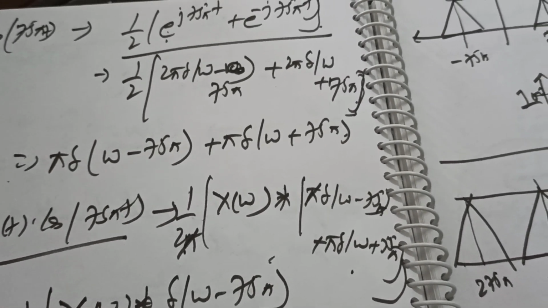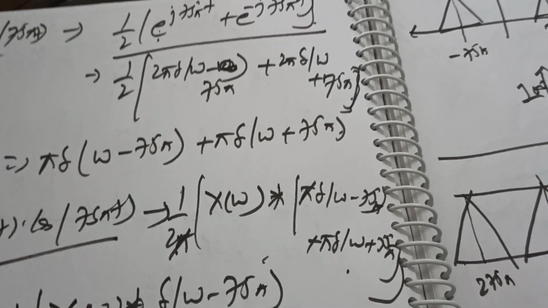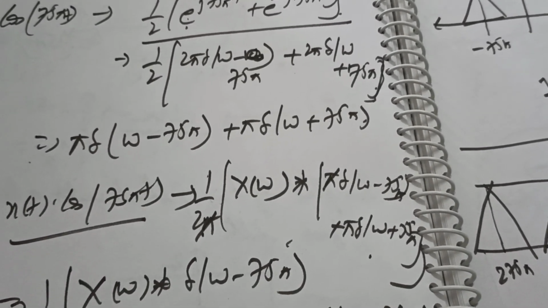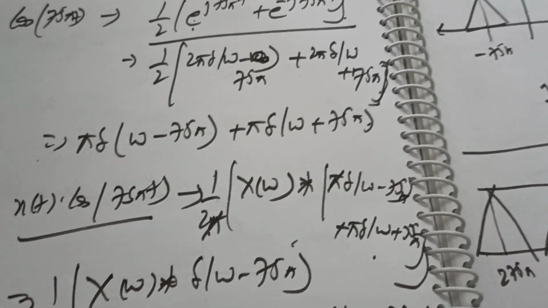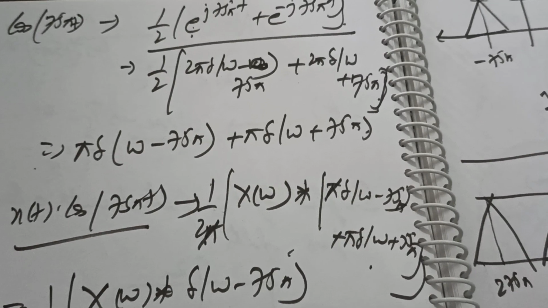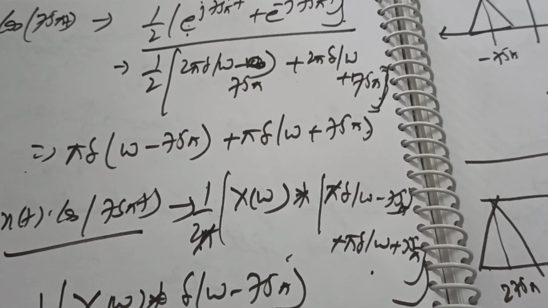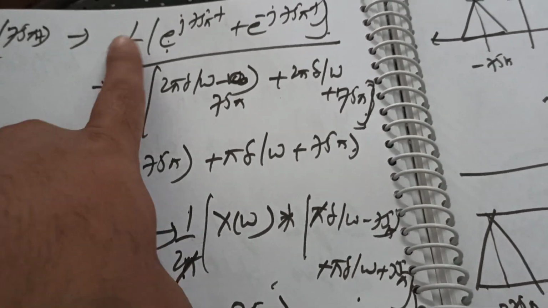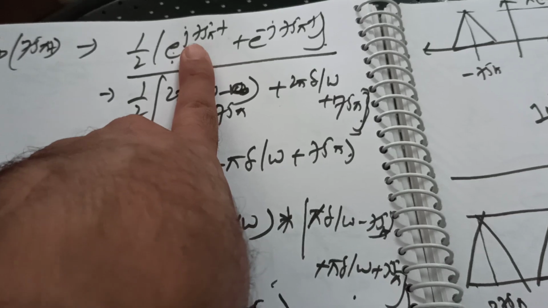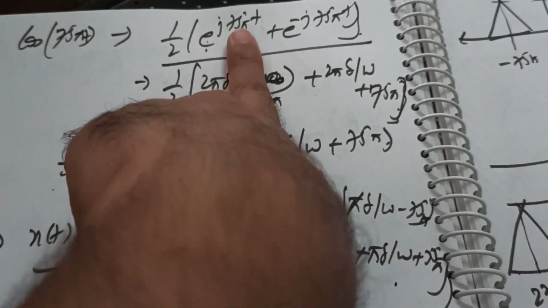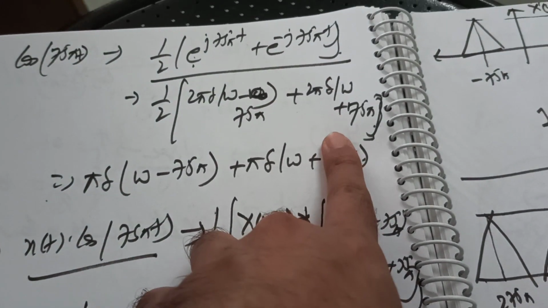Now e to the power j 75 pi t can be expressed as 2 pi delta omega minus 75 pi. Similarly, e to the power minus j 75 pi t can be expressed as 2 pi delta omega plus 75 pi. Don't get confused: when it is multiplied by 75 pi t in the time domain, it has a negative sign in the omega domain, and with the minus sign in the exponent, it has a plus sign.